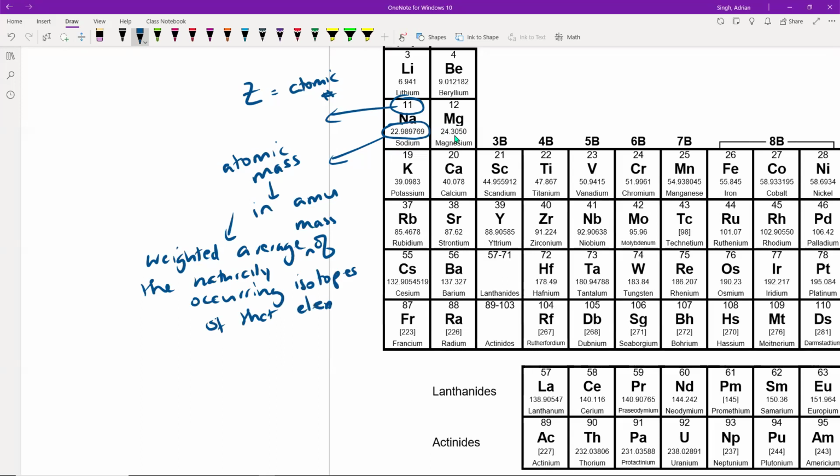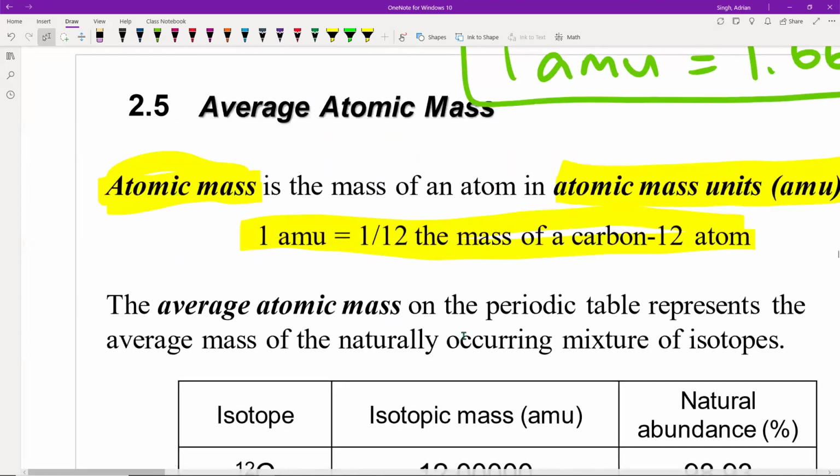So it takes into account all of the different isotopes. It takes into account the masses of those isotopes. Remember, isotopes differ in terms of the number of neutrons, and neutrons have mass, so the isotopes are going to have different masses. And it also takes into account how prevalent or how abundant those isotopes are in nature.